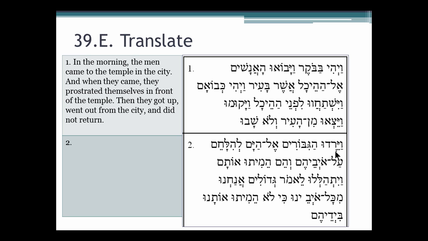So we've got a Qal, third masculine plural. Again, we've got a Vav consecutive form. So, and they, Yarad, they went down. Well, who went down? Ha Giborim. The warriors went down to Hayam, to the sea.